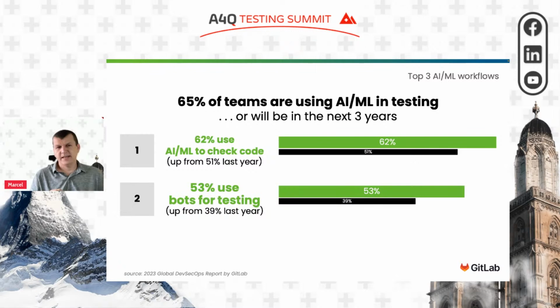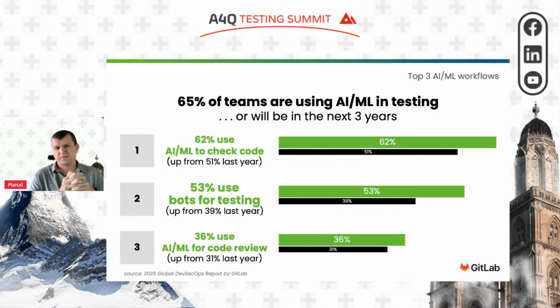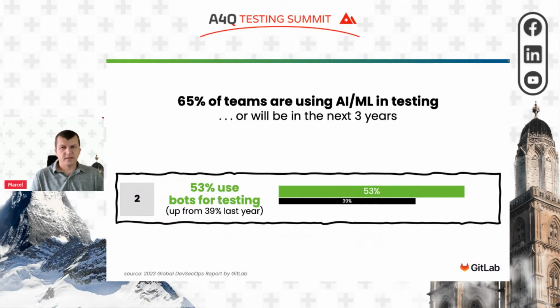Second is that people expect that they will use bots for testing, which is the topic of my talk. And third one is that they will use AI and machine learning for code review, as I already mentioned. So for the purpose of this talk, I'm focusing on the bots.